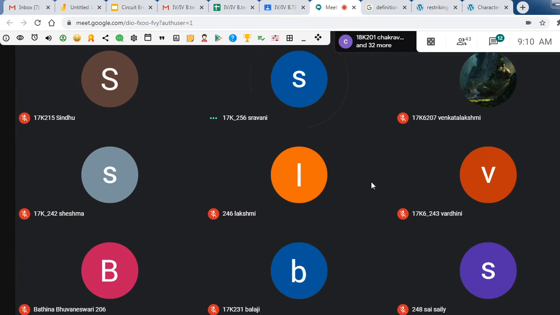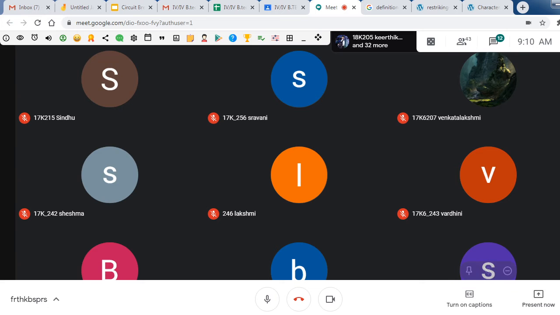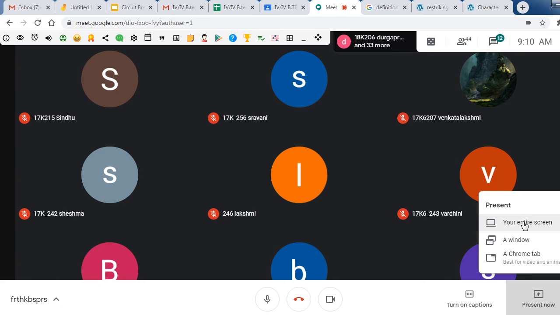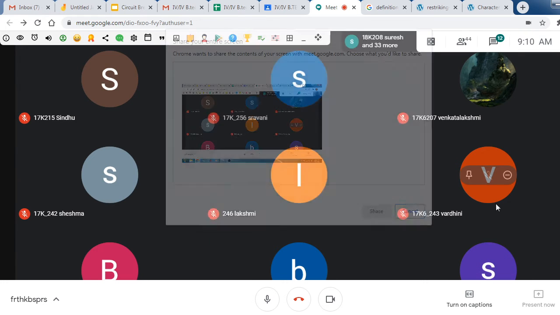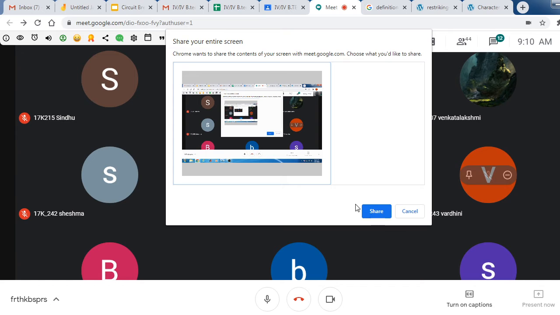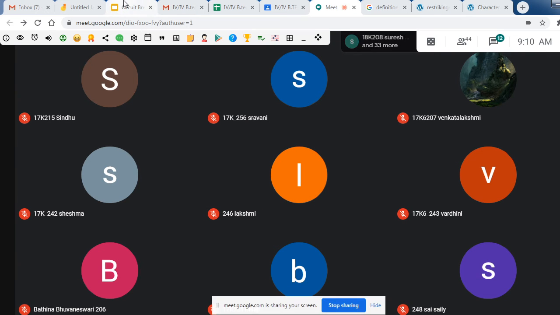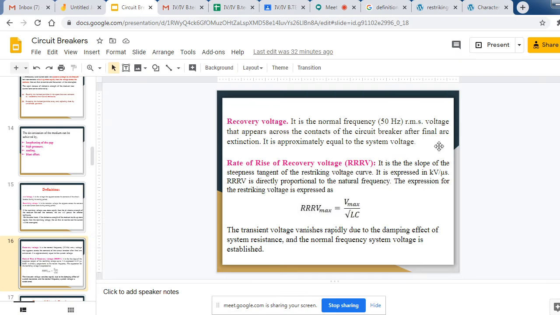Okay, chalo. Next, we are moving further to discuss types of circuit breakers. Here we discussed the arc voltage, restriking voltage, recovery voltage.